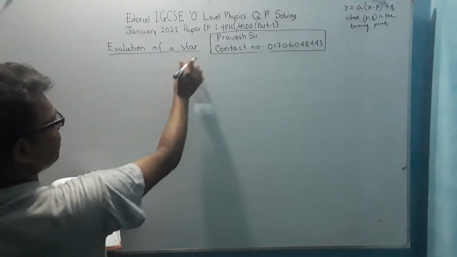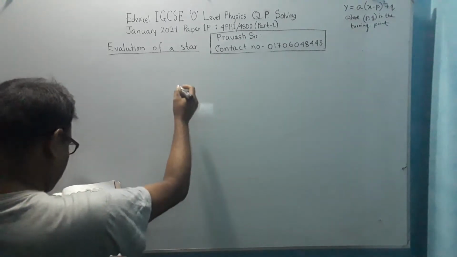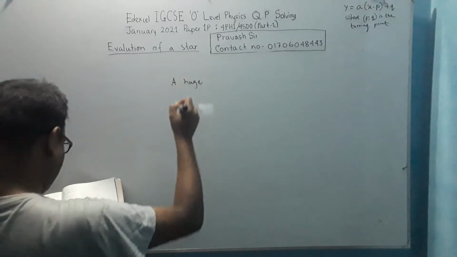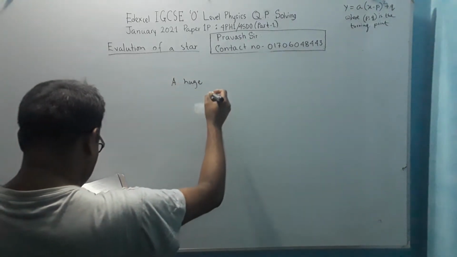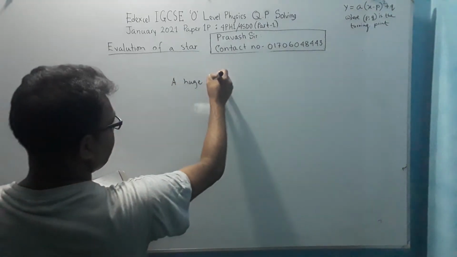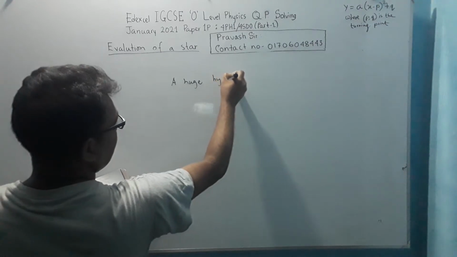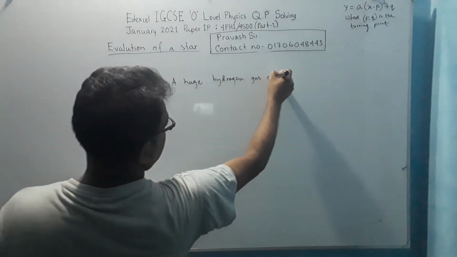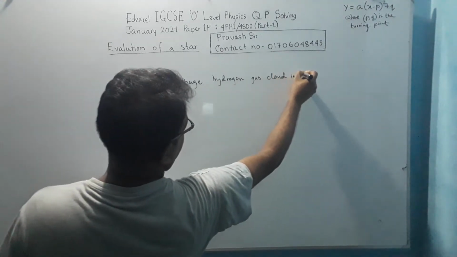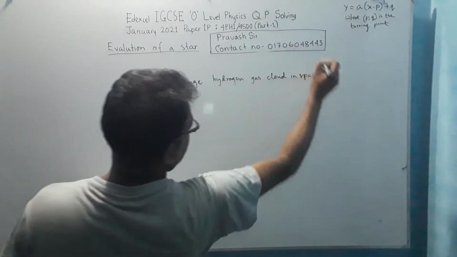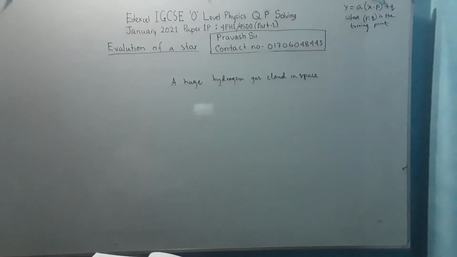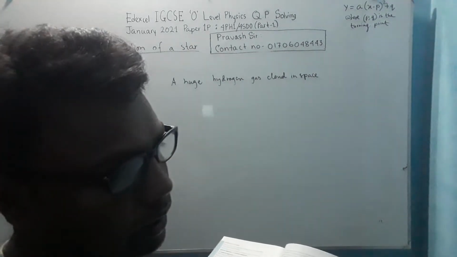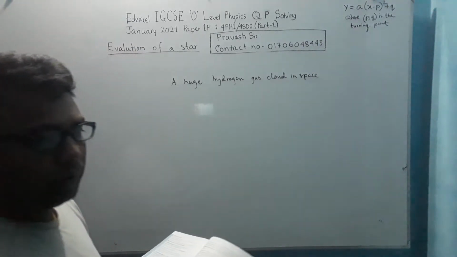Like this. So the first stage is a huge hydrogen gas cloud in space. We know that the first stage of a star is the nebula, right?